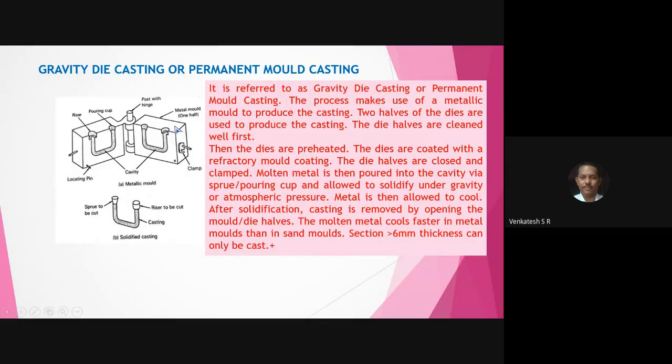Usually, this metal mold is made of cast iron or sometimes low carbon steel or aluminum or brass, depending upon the type of casting required and the metal required for the casting. So that is usually C type of casting can be produced by using permanent mold casting. It is also called gravity die casting.